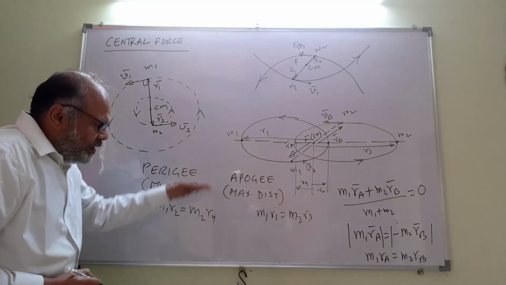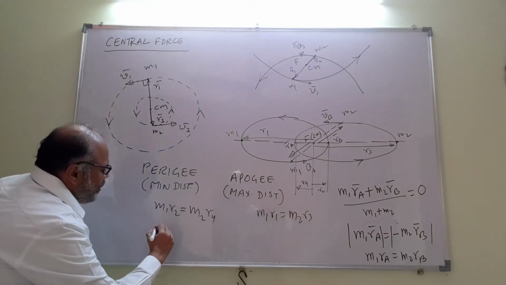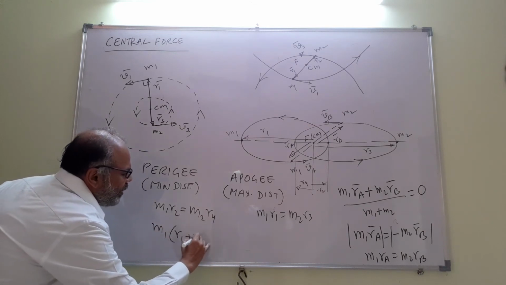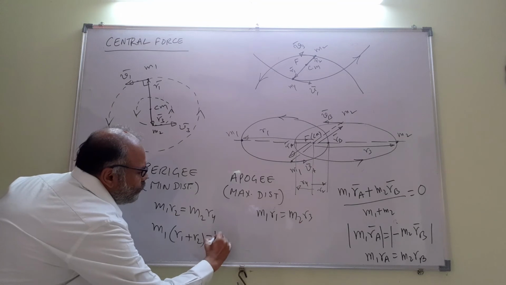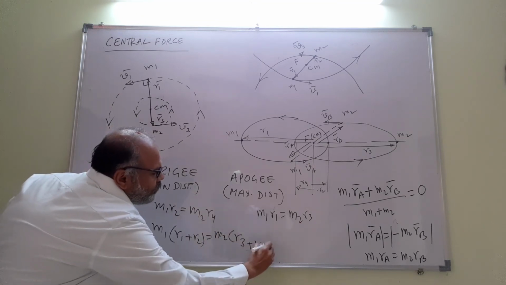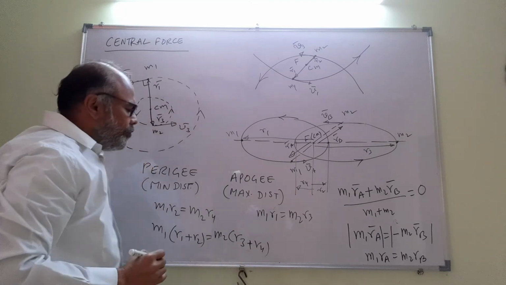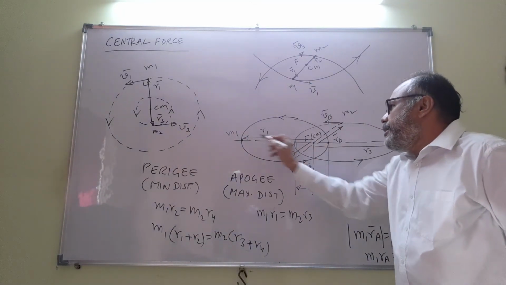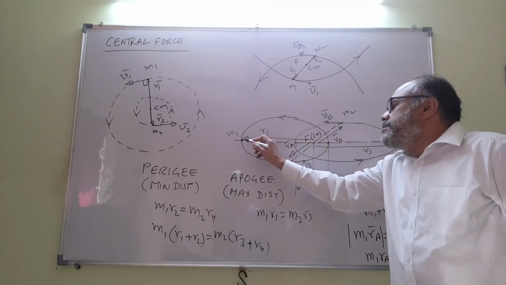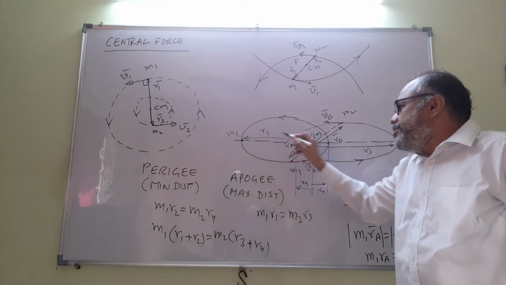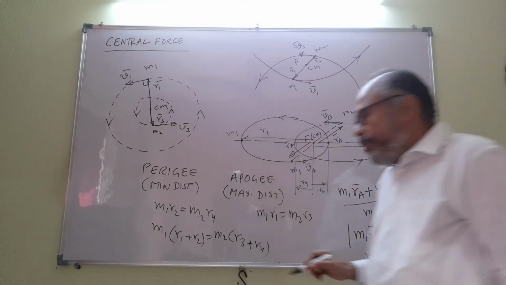Now if you add these two, you get something very interesting. M1 would be common, you will have R1 plus R2, and you will have M2 into R3 plus R4. R1 plus R2 is the length of the major axis, which is 2A1.